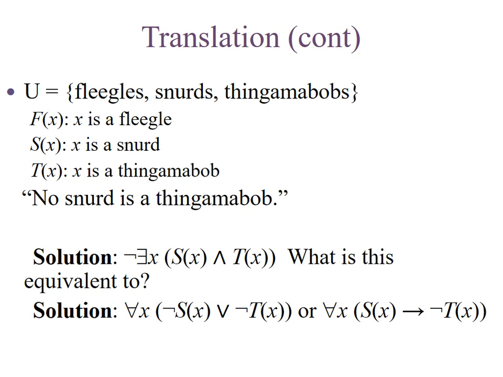The very intuitive way is to think: for all x, if he's a nerd, then he's not a sigma bar. That means no nerd is a sigma bar. But you can transform to two other equivalent forms.